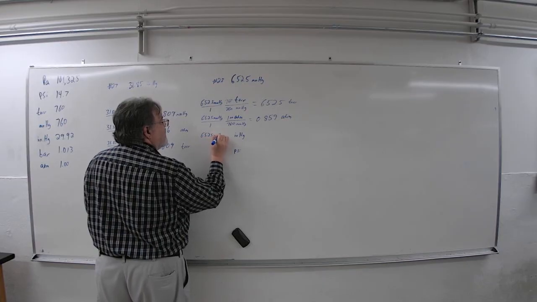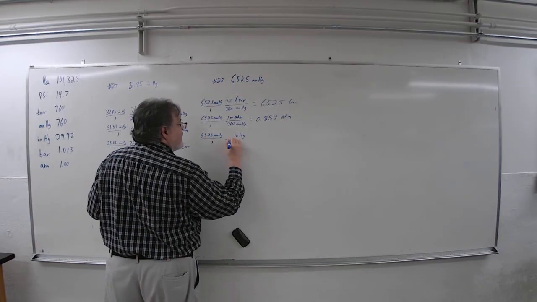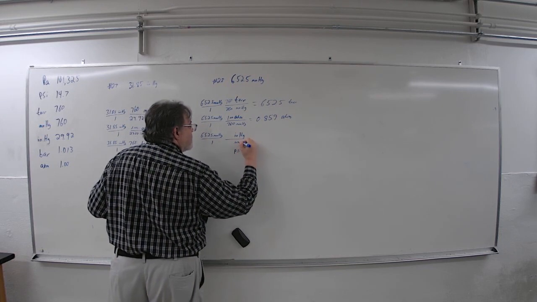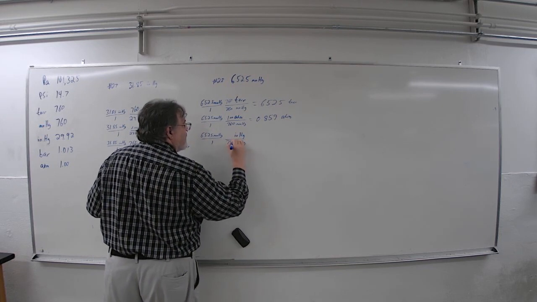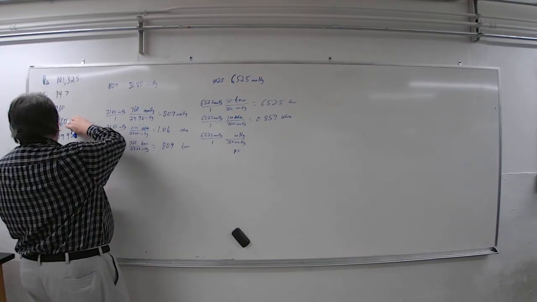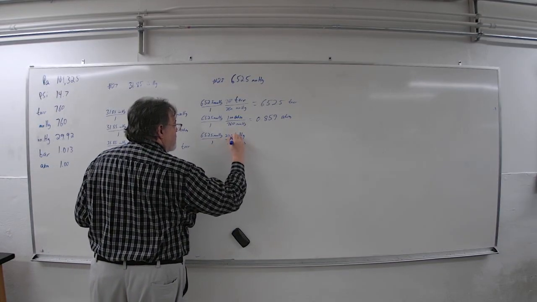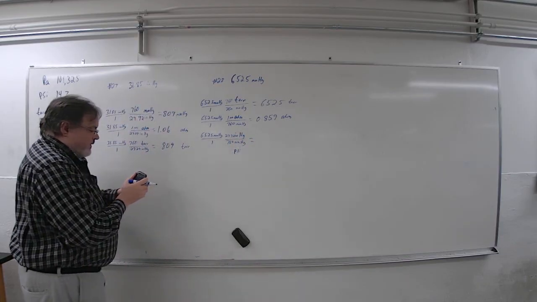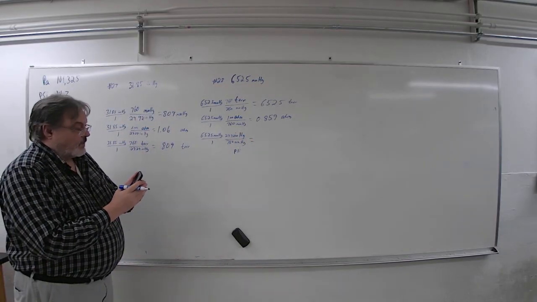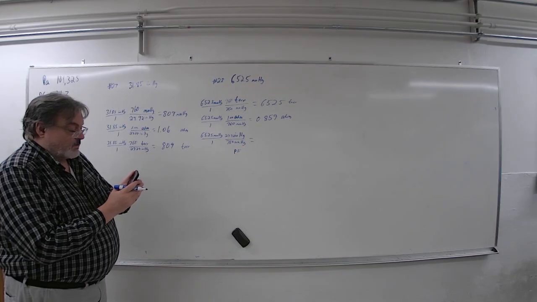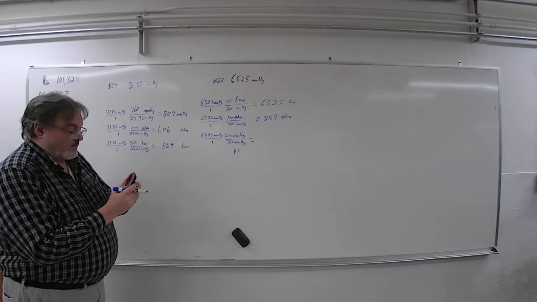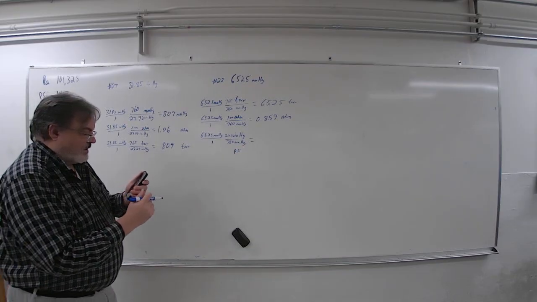If I want to convert to inches of mercury, I have 652.5 millimeters of mercury. Millimeters of mercury is 760, and inches is 29.92. So that's 652.5 times 29.92 divided by 760.